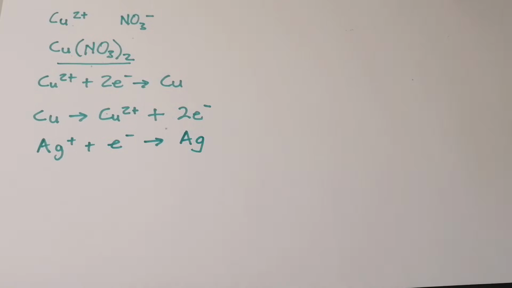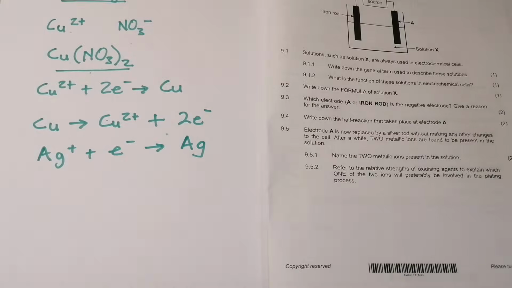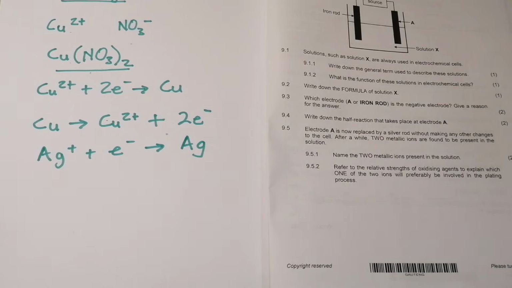It would tend to undergo reduction quite easily. So in this case, it would be silver. Obviously you'd explain that it's got a higher strength as an oxidizing agent. Okay, ladies and gents, I think this typically just solves that question.